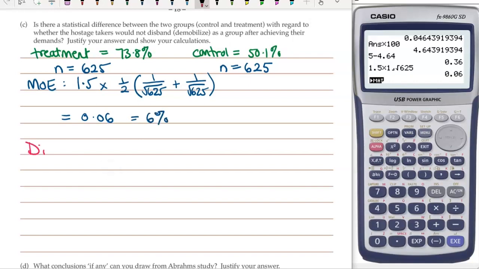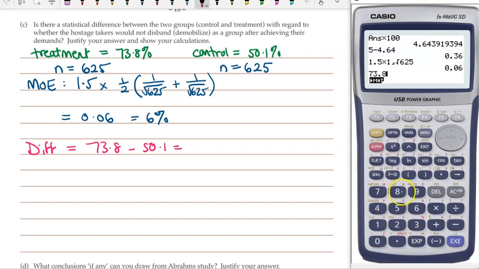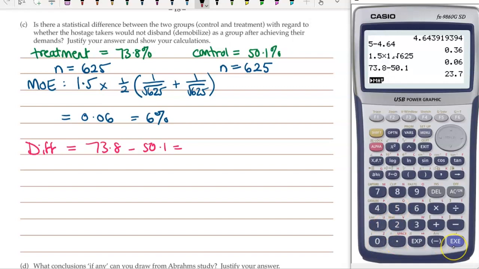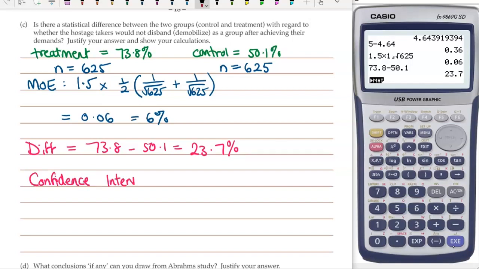Okay, now the difference that we saw in our control and treatment was 73.8 minus 50.1, the difference there being 23.7. So the confidence interval on that difference, we go 23.7 minus 6 for the margin of error and then plus 6.